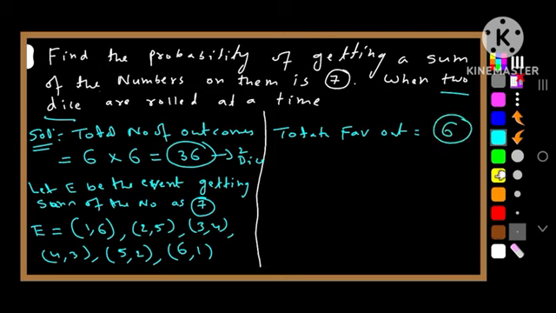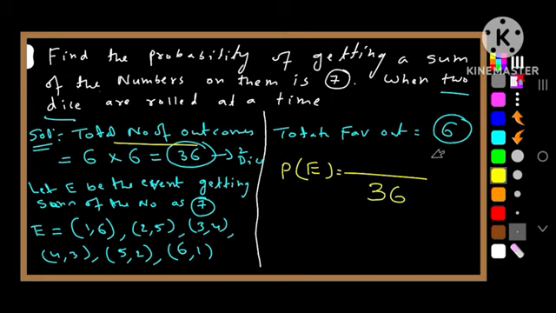So remember, this one is the total number of outcomes. The total number of outcomes will always come in the denominator. So that is 36.